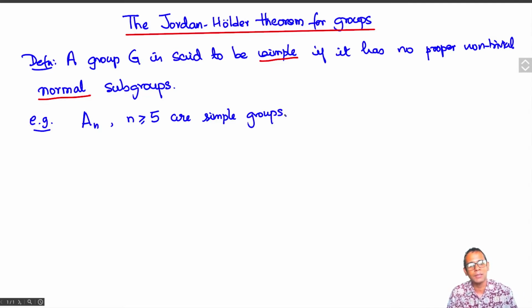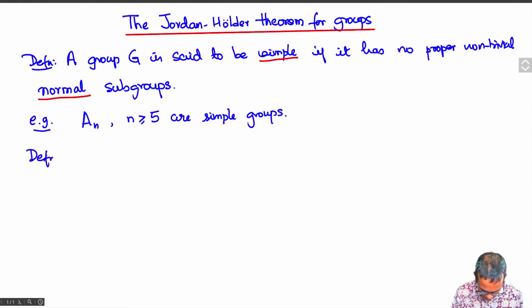If it's not simple, you can find a non-trivial proper normal subgroup, and then you can look at that normal subgroup, and maybe you can try to look for its normal subgroups, or you can look for normal subgroups in between the group and the normal subgroup. But in this way, you can construct the analogs of what we had called composition series. They are also called composition series for groups.